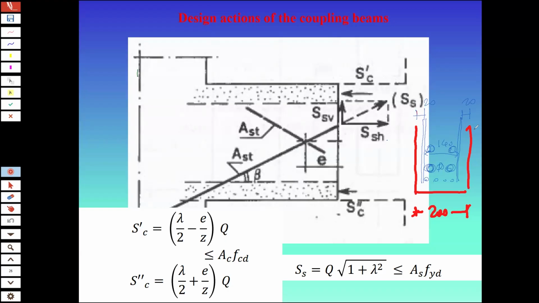The bar of those 14 occupies 6 centimeters. So the clear space between one bar and the other is just 4 centimeters. 4 centimeter is okay to guarantee the good flow of the concrete because we use aggregate 16 to 20 millimeters. And so the minimum spacing is the maximum aggregate size plus 5 millimeters.